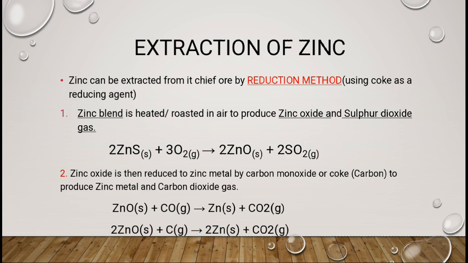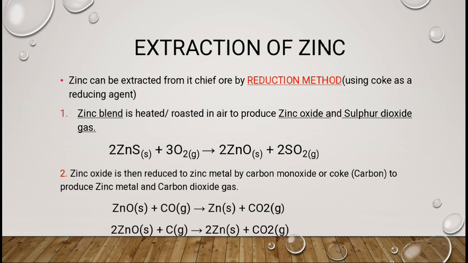So there are just two reactions that occur during the extraction of zinc. First, the chief ore, which is zinc blende, is heated or roasted in air. Whenever we are talking about heated or roasted, it's just reacted with oxygen gas to produce zinc oxide and sulfur dioxide gas, which is a dangerous gas.